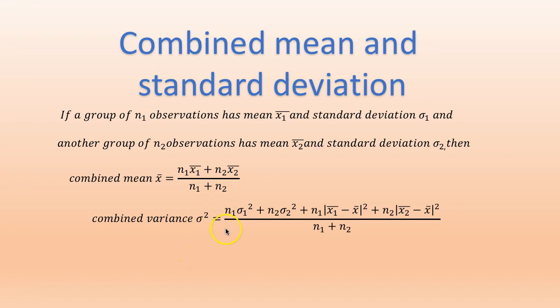Combined variance sigma squared equal to (N1 sigma 1 squared plus N2 sigma 2 squared plus N1 into modulus of x1 bar minus x bar the whole squared plus N2 into modulus of x2 bar minus x bar the whole squared) by (N1 plus N2).